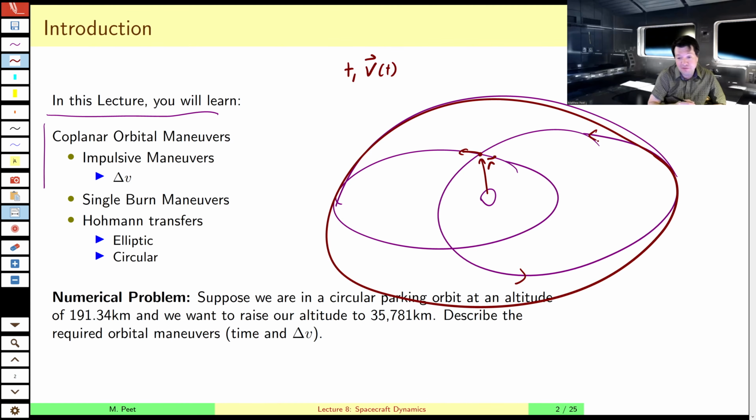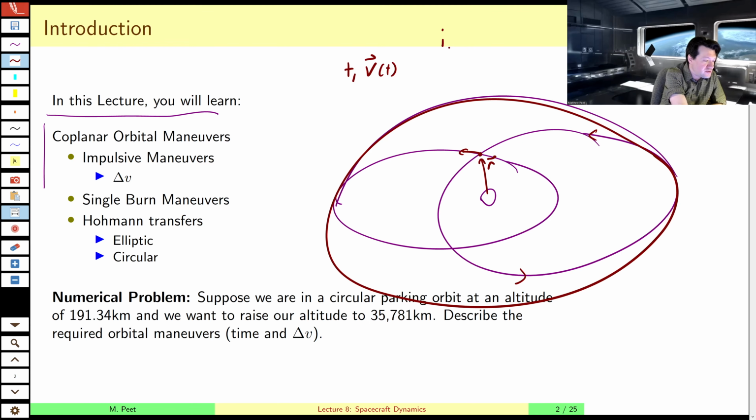So it would be very confusing if I got in my car at 6 o'clock and the entire road system had changed since I looked up how to get to work at 5 o'clock. So very complicated. In any case, we'll simplify the system a little bit by only considering coplanar or 2D orbits at this point. When we come to lecture 9, the next lecture, we'll consider out-of-plane maneuvers.